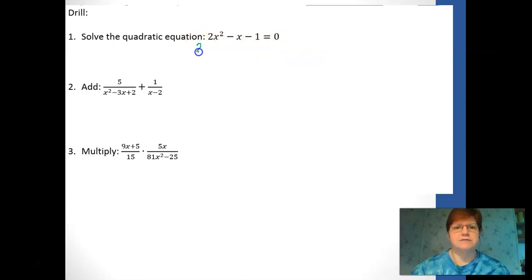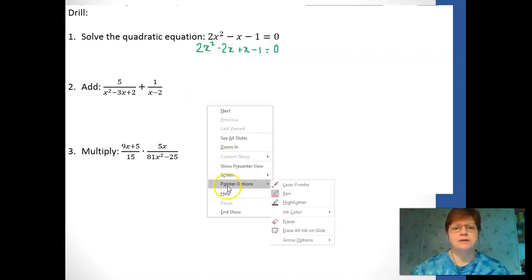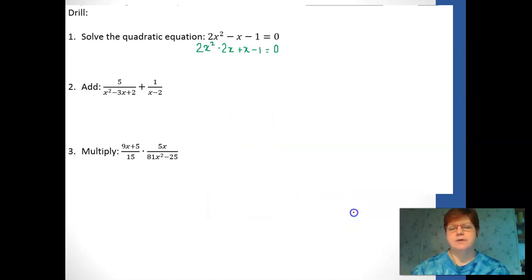I know factors of 2 times negative 1 are negative 2. So I've got 2x squared minus 2x plus x, because the negative 2x and the positive 1x will give me this negative 1. I'm going to solve that by grouping. I group the first two together and the second two together.